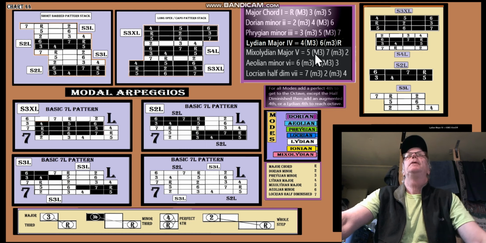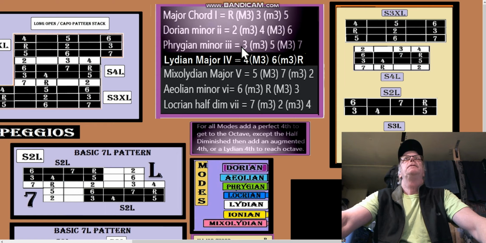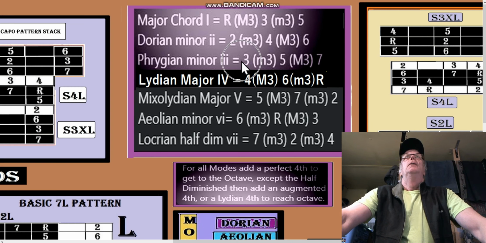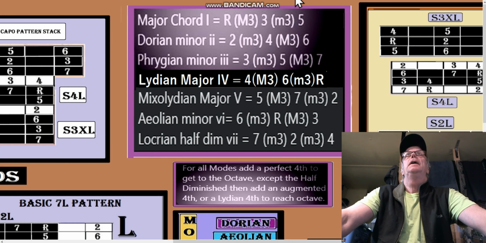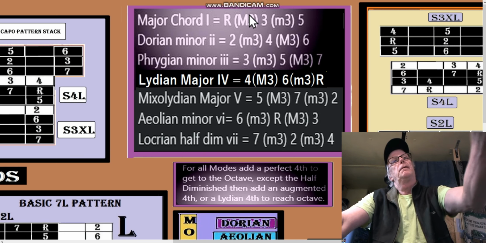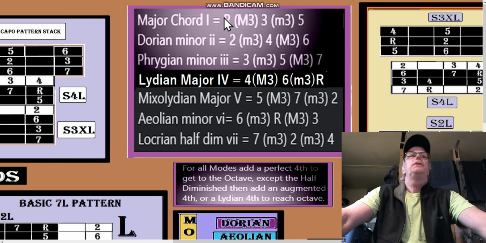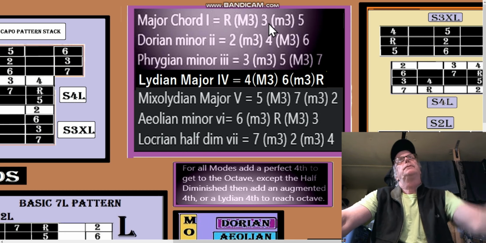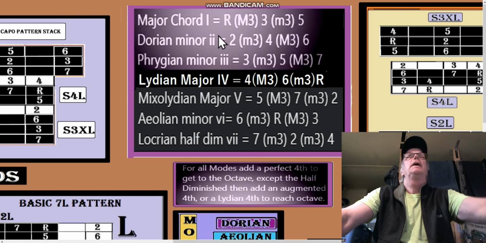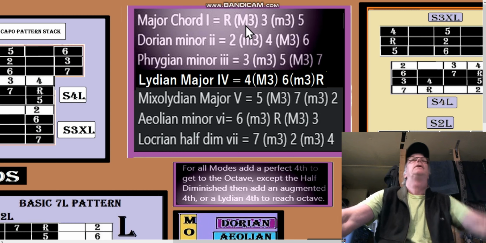First, I have a couple of errors that I had fixed from previous charts. When we look at the modal scale, the major is root, third, fifth, and there's a major third in between the root and the third.